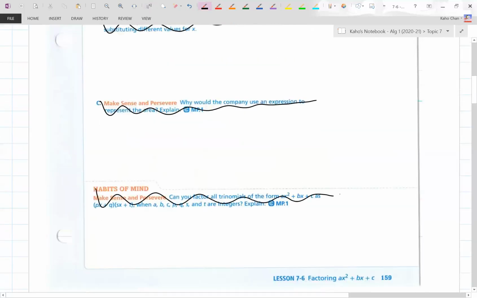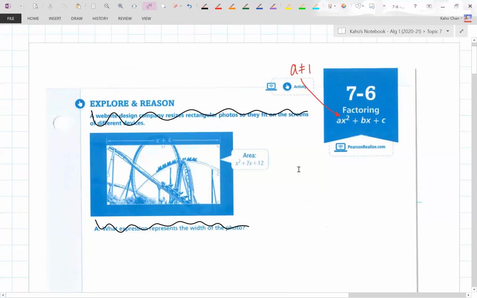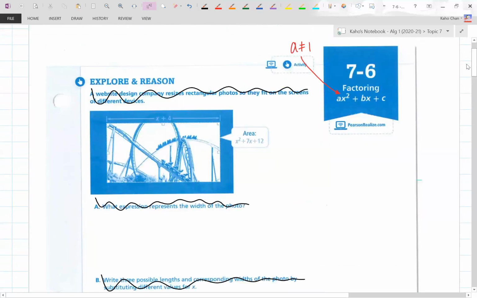For this first page. So let's go ahead and create a problem from scratch. Back in 7-2, let's write this down. Let's make a problem up.